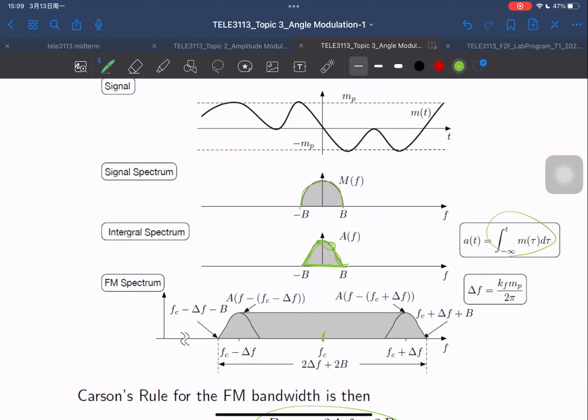The magnitude is going to be AC squared over 4, and I'm going to use another color. I think this value is going to be AC squared over 4, and this value is going to be AC squared over 8.